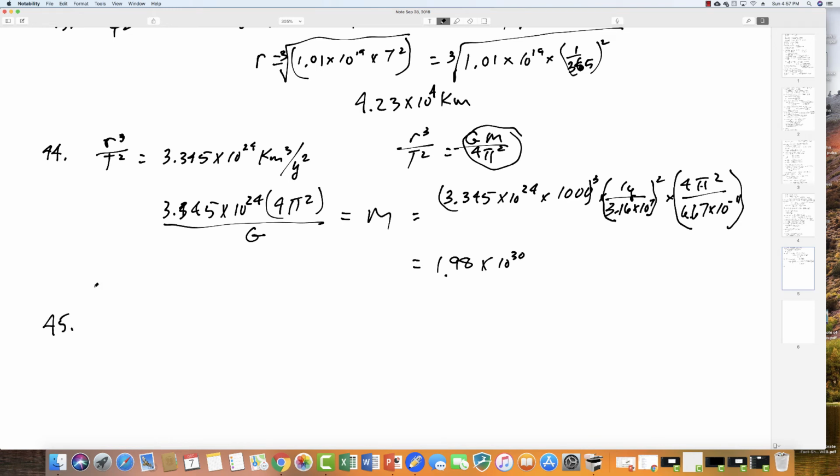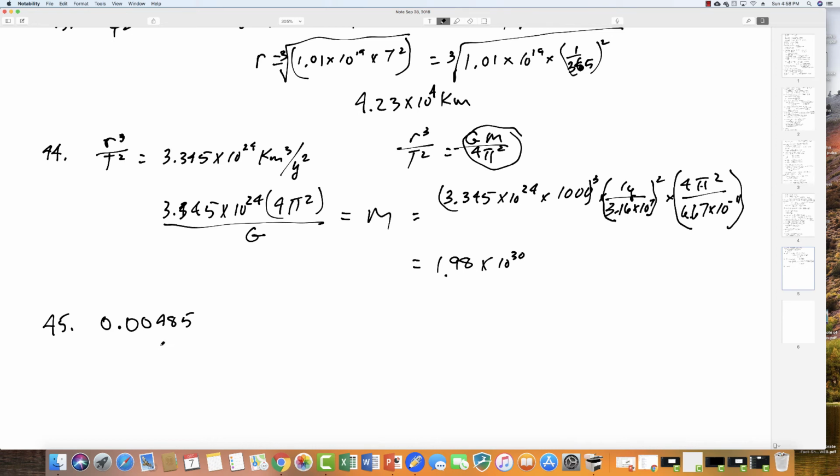45 is a very similar calculation, actually 45 and 47. In 45, the question is: find the mass of Jupiter based on the data for the orbit of one of its moons. And again, you take 0.00485. Now you're wondering why it's so small.